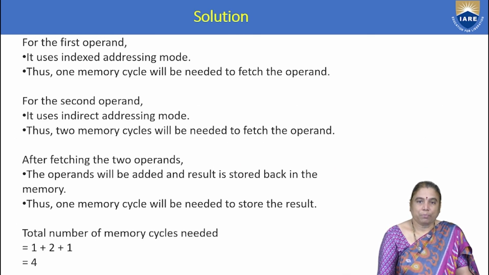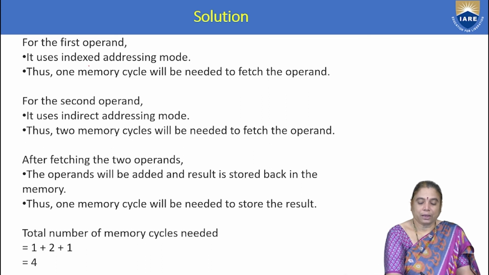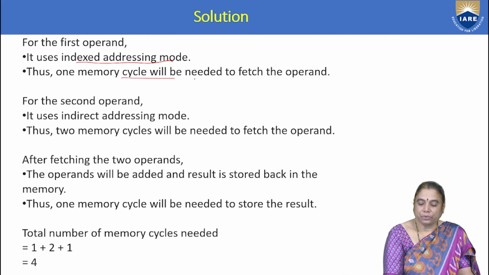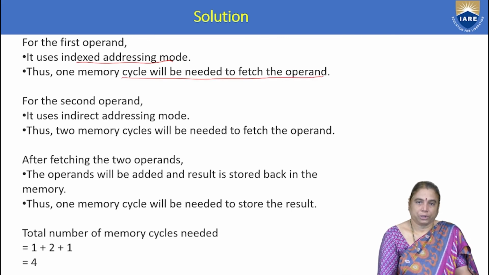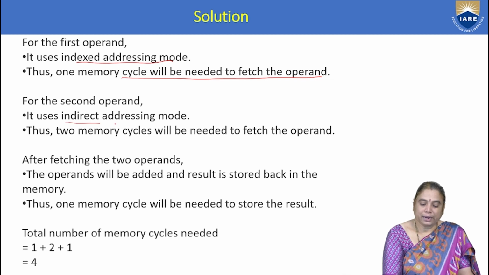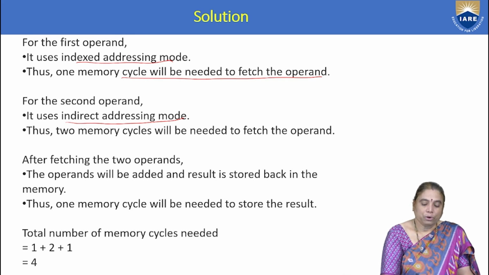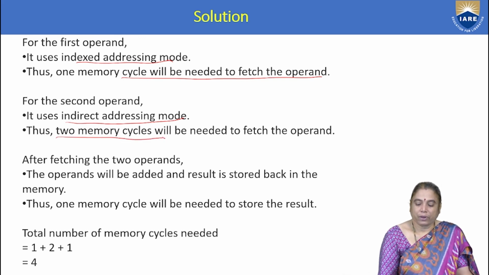For the first operand, it uses the indexed addressing mode, so one memory cycle is used to fetch the instruction. Next, the second operand uses indirect addressing mode. In indirect addressing mode, first the address specified in the instruction gives the address of the effective address of the operand, so two memory cycles are required to fetch the operand.